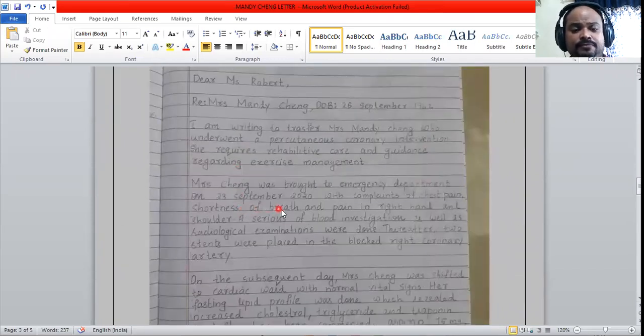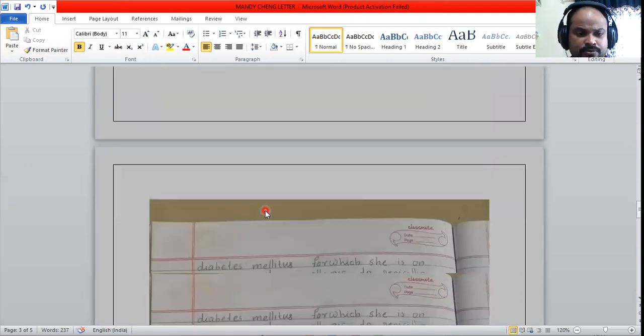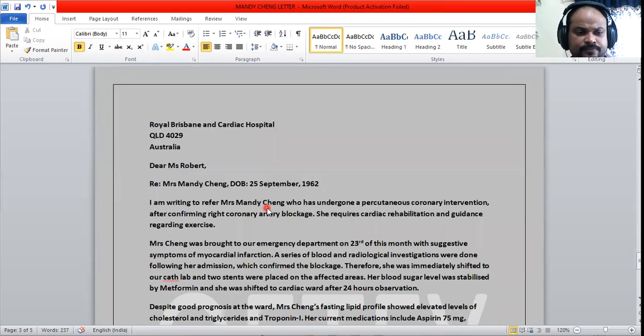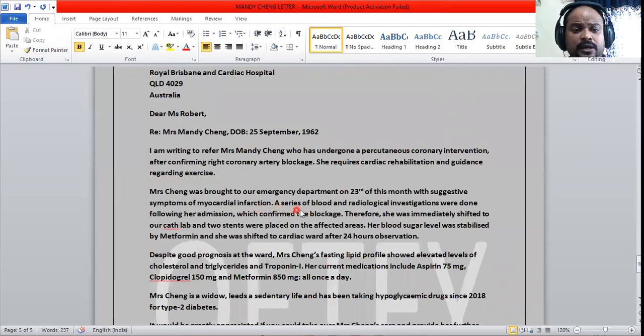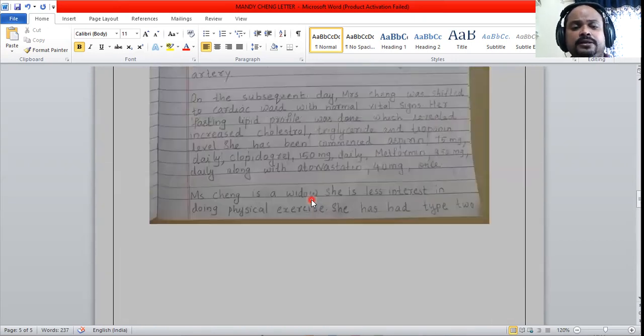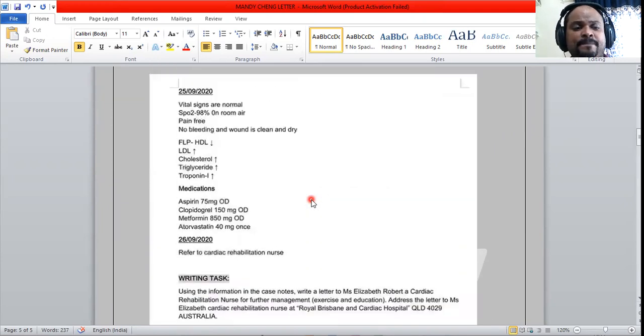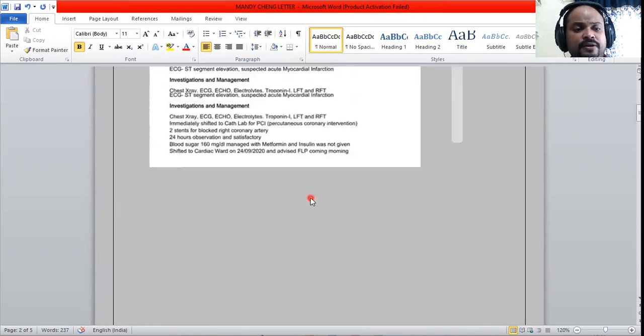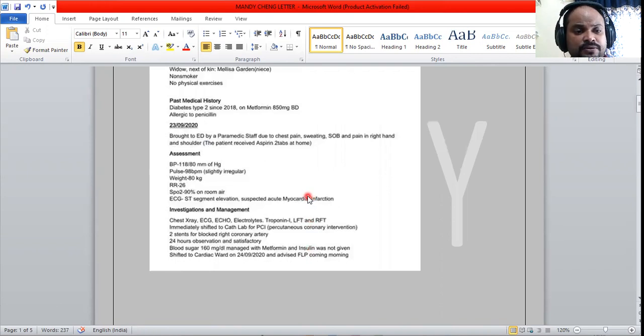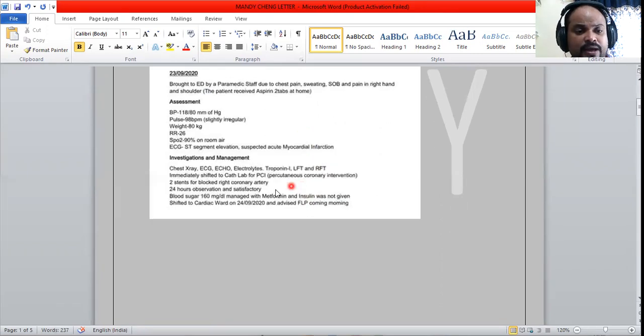Now I have to move ahead with this. A series of blood and radiological investigations were done following her admission, which confirmed the blockage. Now I'll go back and see what is happening there. Okay, now we have investigations here.